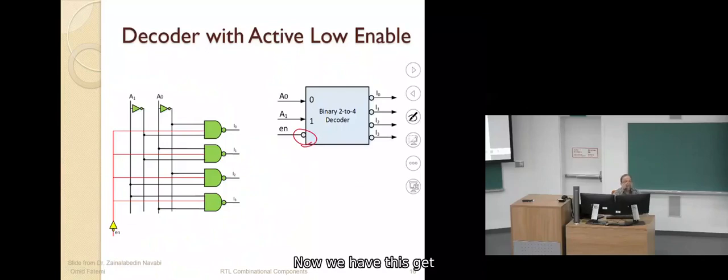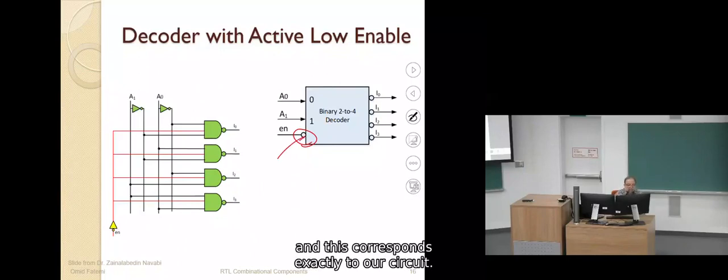Our enable gets inverted inside. This circle means that our input is active low. When it is 0, it is enabled, and when it is 1, it is disabled. It is not active. Okay?